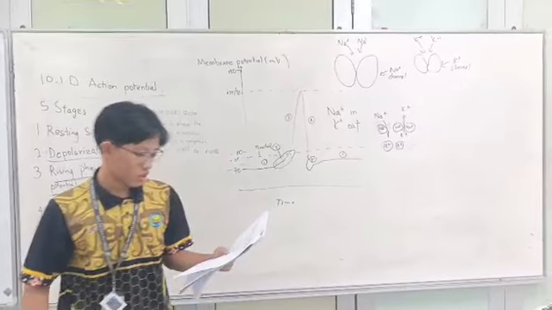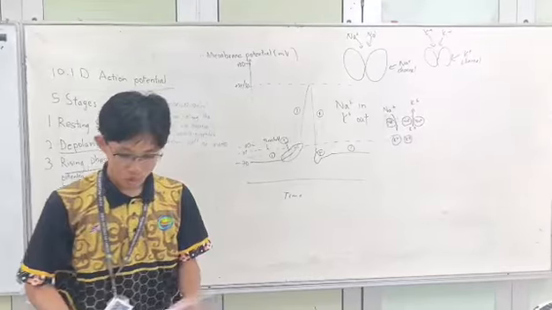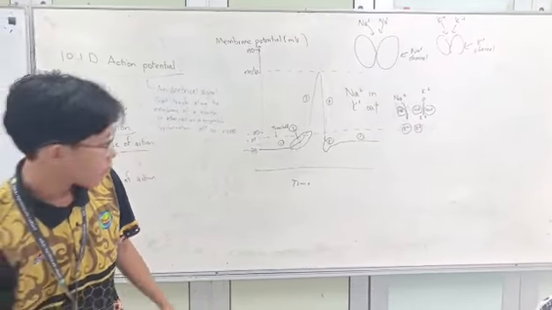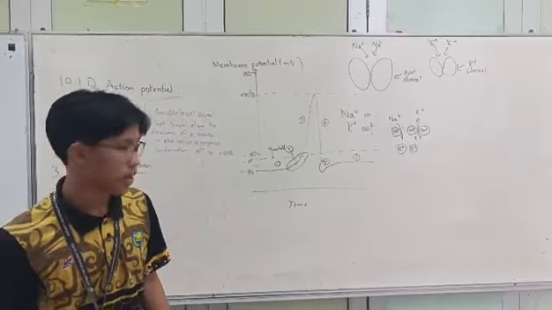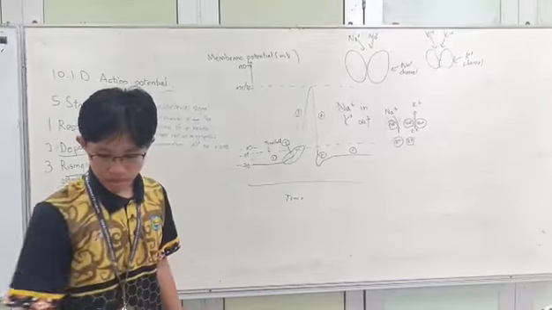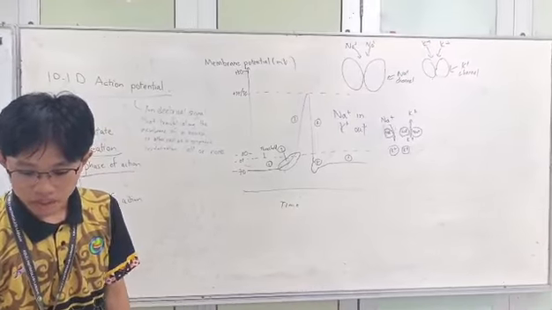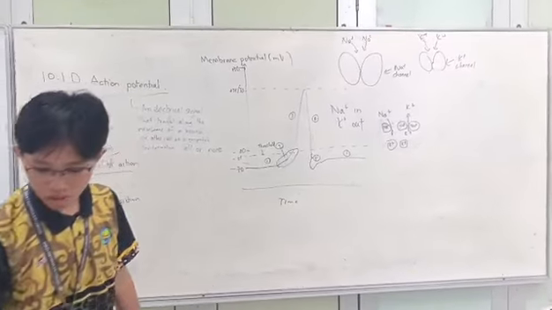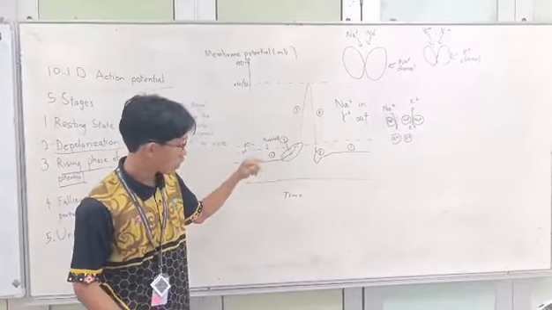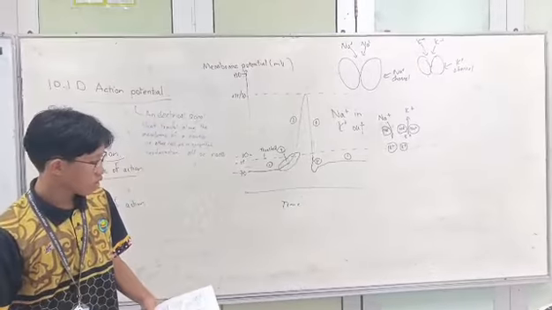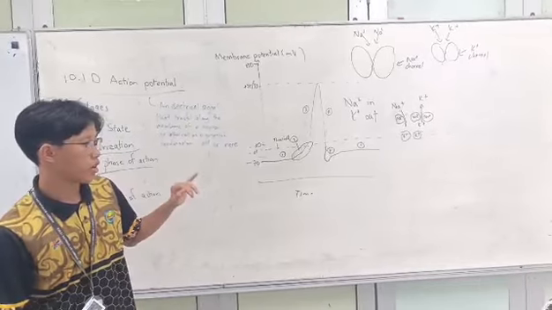Here, most of the voltage gated K+ channels will close slowly, and excess K+ diffuses out of the axon, and the inside of the axon membrane becomes more negative than the resting potential, and some of the voltage gated K+ channels will remain open.